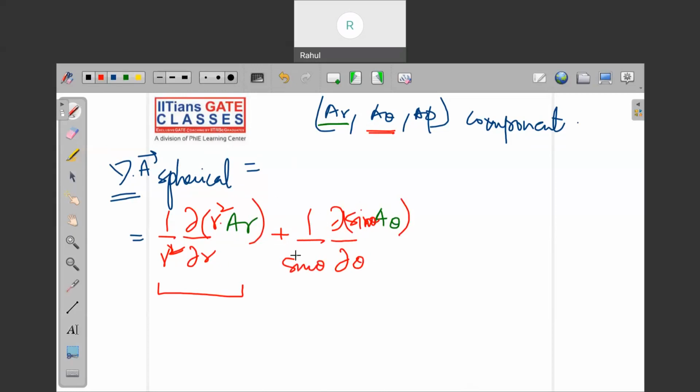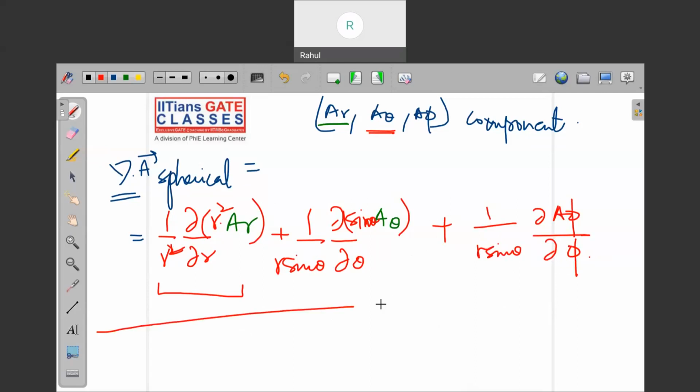It is very easy, right? Sorry, there should be r sine theta because r d theta will already be present. So it should be r sine theta d theta plus 1 by r sine theta. We don't have to multiply with anything in the phi component, and just write r sine theta d phi. It is very easy to write.